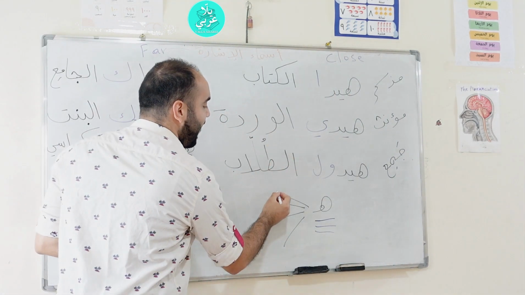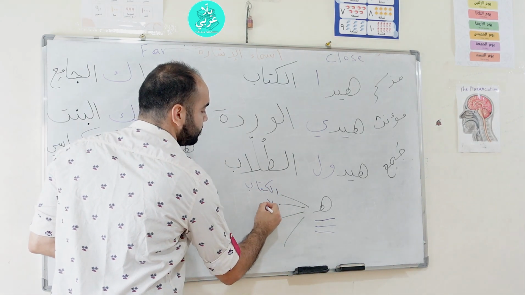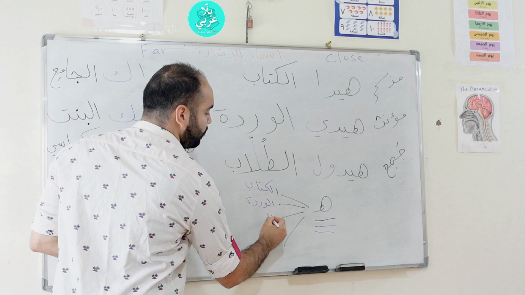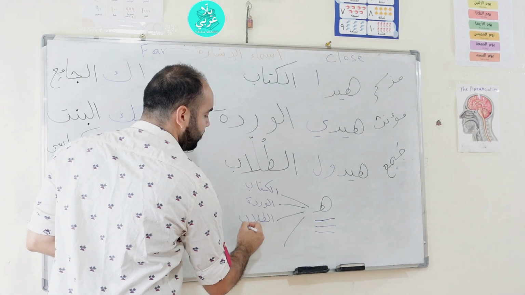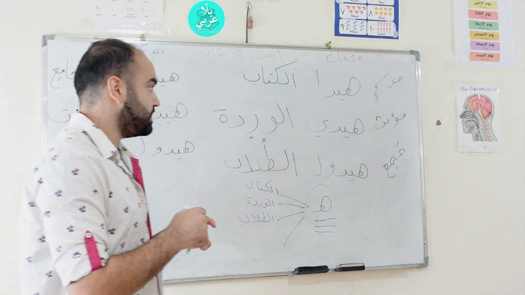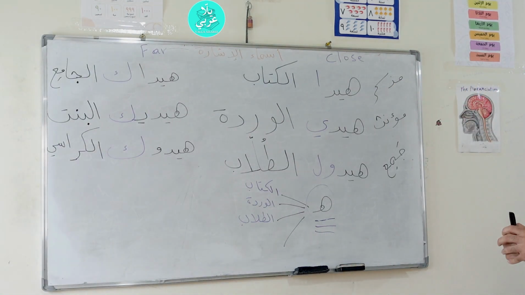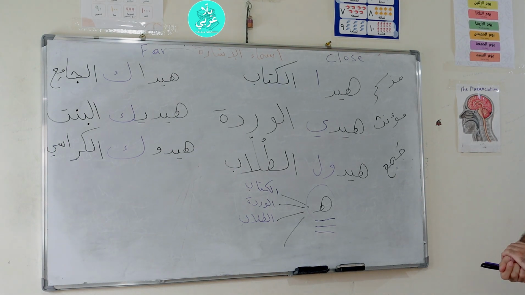We could say هالكتاب or هالوردي or هالطلاب. We just use ha. تمام؟ It's easier, and sometimes people use this one because it's faster.